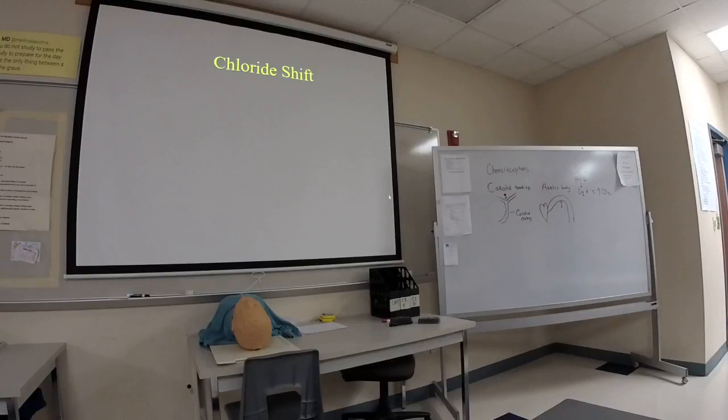Oh, next class I'm going to give you a test over the chloride shift, right? I mean, we're going to talk about it, but the significant part is, if that didn't happen for some reason, then we'd have a buildup of CO2 in the tissue. And again, that's for another day. We're just in anatomy intro, right?